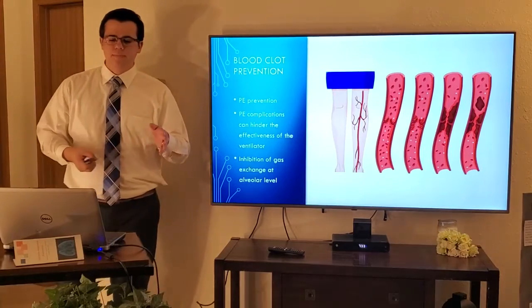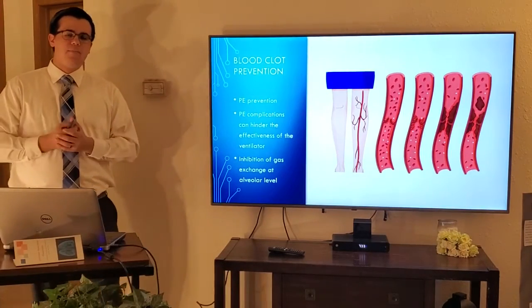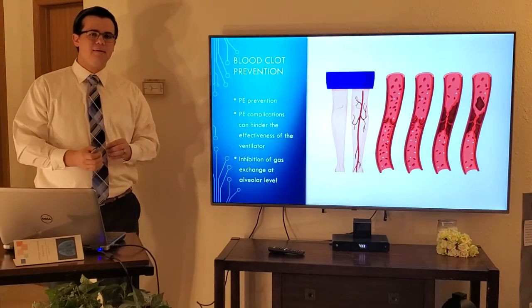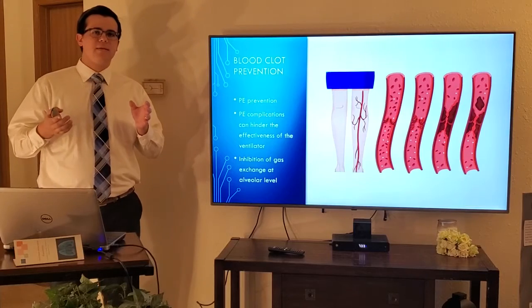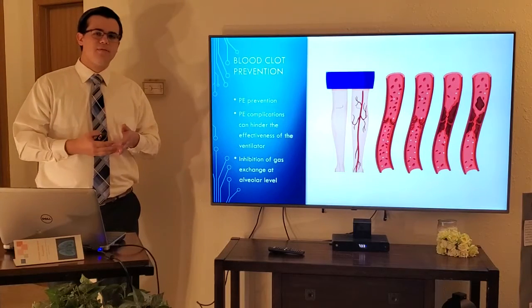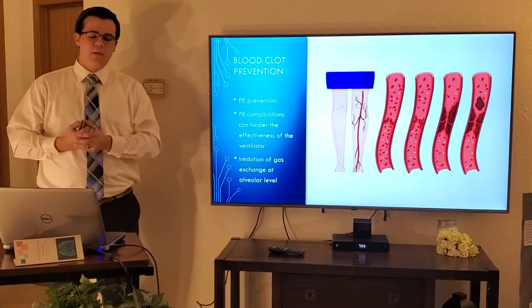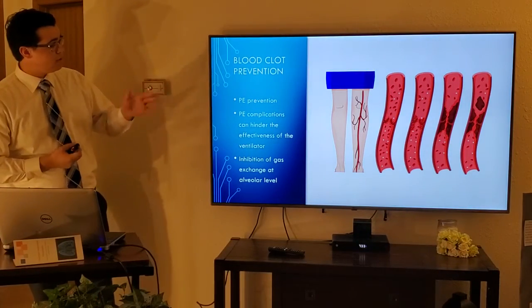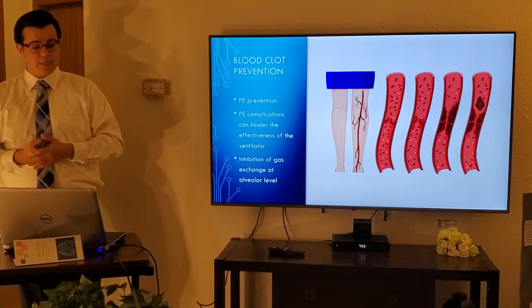Basically, we want to make sure that our lungs are working as best as they can. Now, that is something that we can do lots of things for, and this might still happen. However, one intervention to prevent blood clots, like I said, is medications.